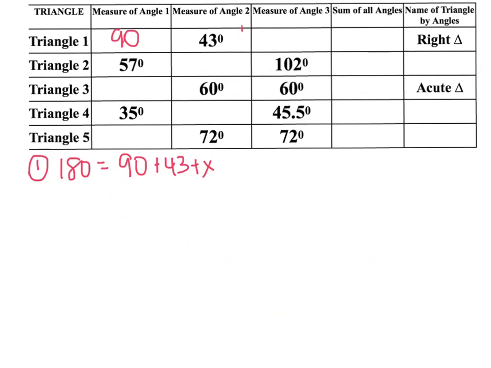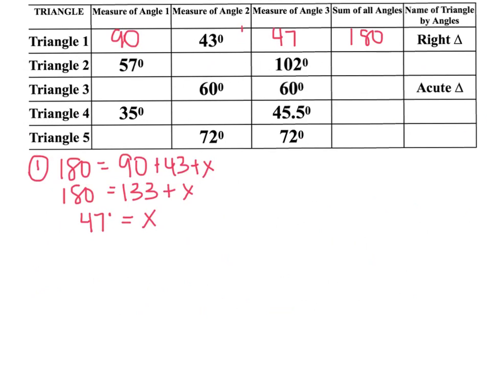So 90 plus 43 is 133 plus x. If we take 180 minus 133, that gives us x equals 47 degrees. So we can put 47 in angle 3, and the sum of all of these angles together is 180 degrees.